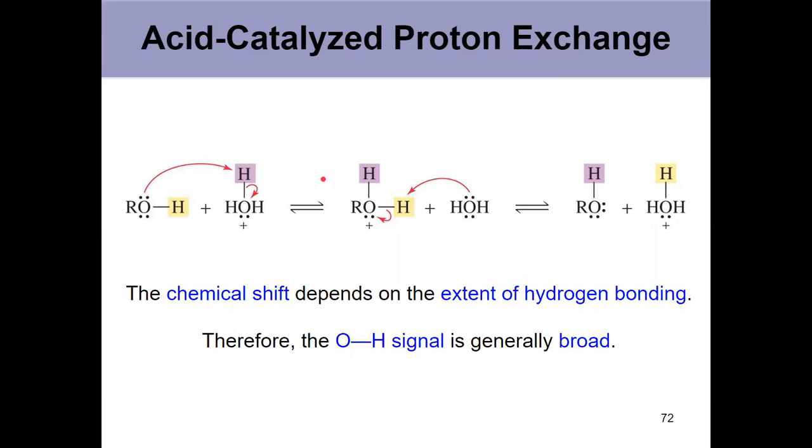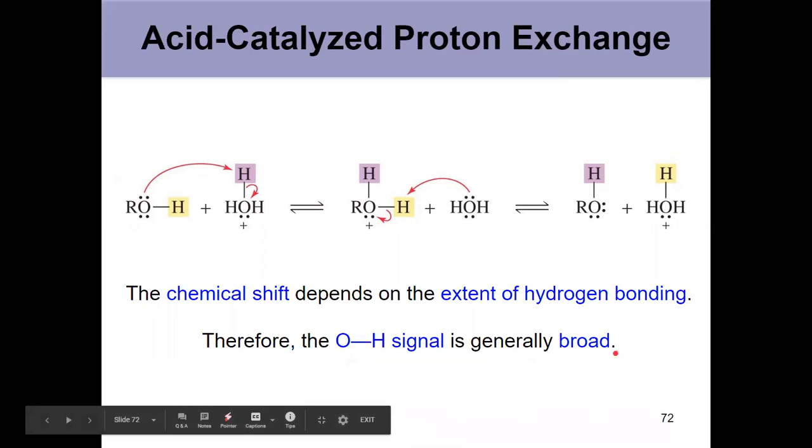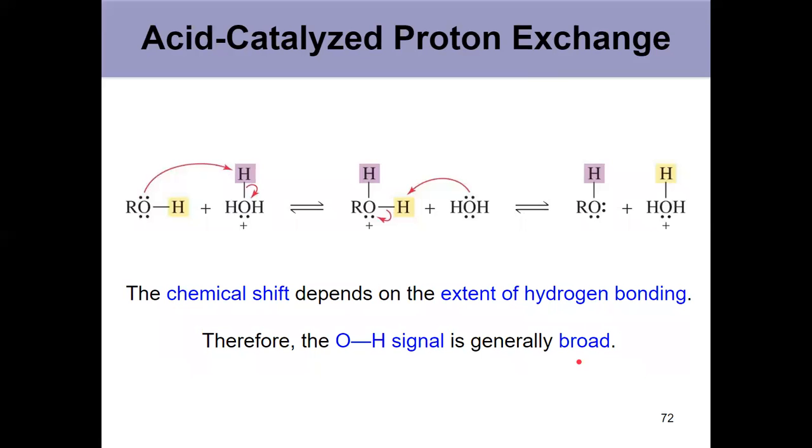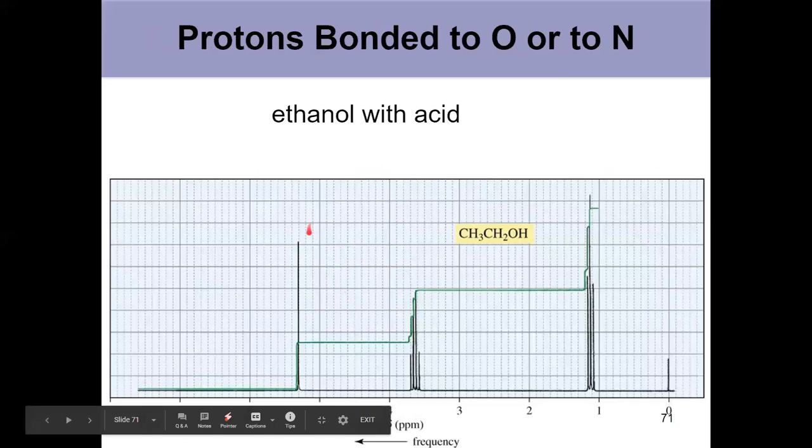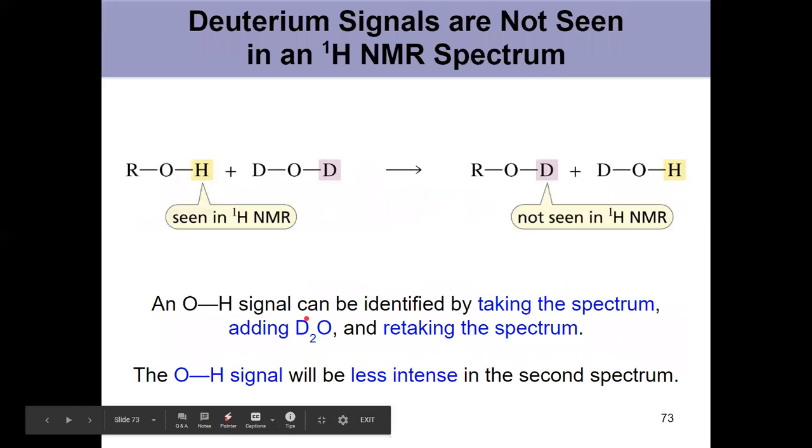And because our spectrum is an average of all the possible situations, that rapid exchange produces a broad singlet. So it doesn't get split by anybody else, and it appears a little bit broader. They don't give very nice peaks in NMR. Looking at this, that's the best case scenario. Usually they don't look that good.